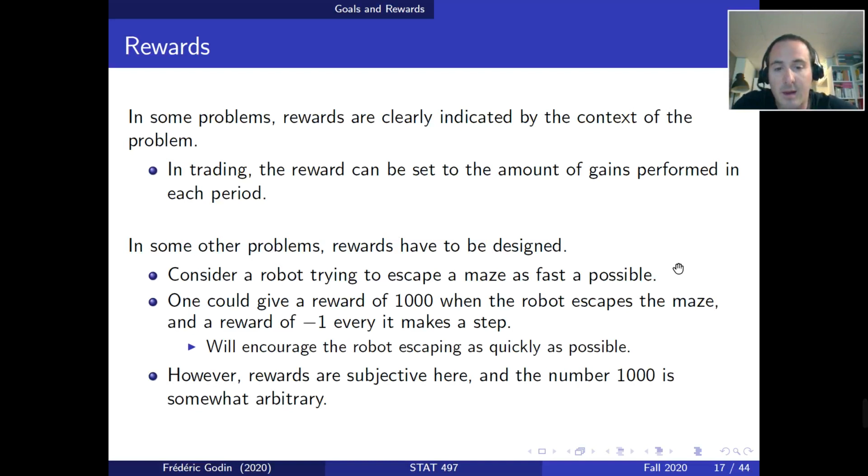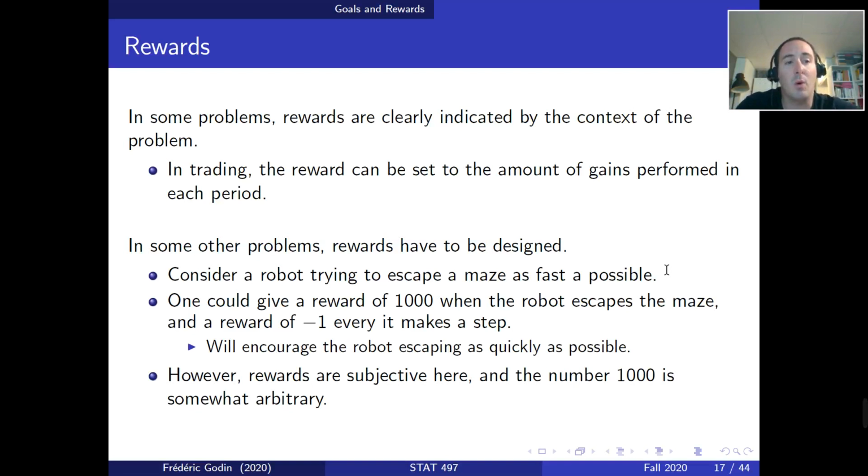maze. Okay, so in this case here we can see that this number of 1,000 and -1, they are subjective numbers. Okay, so they're not given by the problem. We have to design them so as to teach the agent what we want to teach. Okay, so it's arbitrary in that case.